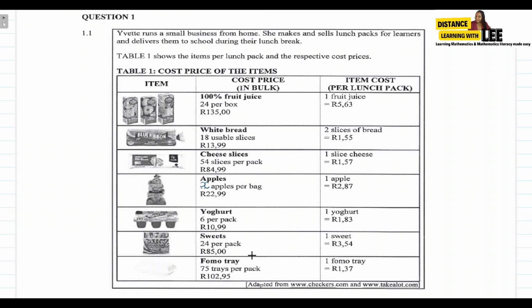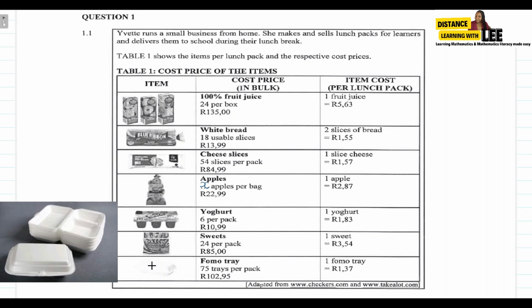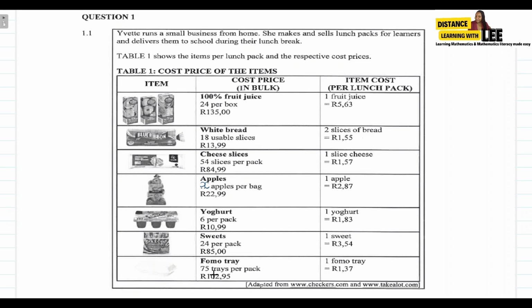She also buys a pack of sweets, and inside that pack you've got 24 sweets per pack. She pays 85 rand. And then she also buys formal trays. I'll put a picture of what the formal tray looks like. She pays 102.95 rand for 75 formal trays.